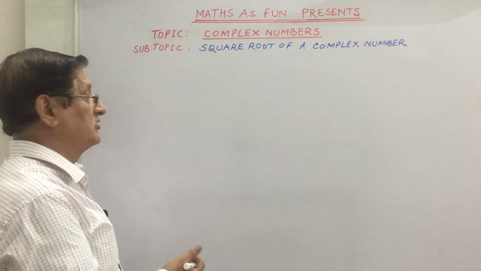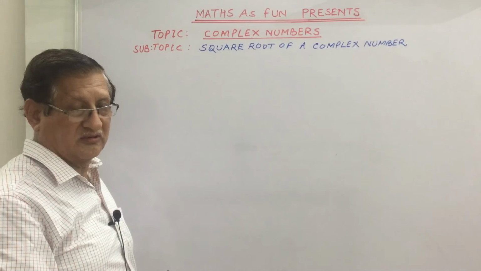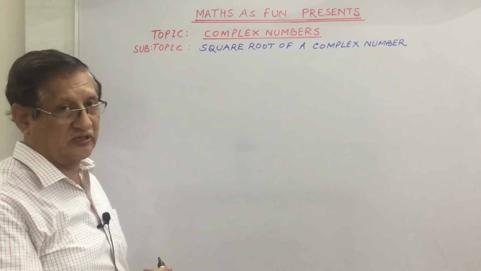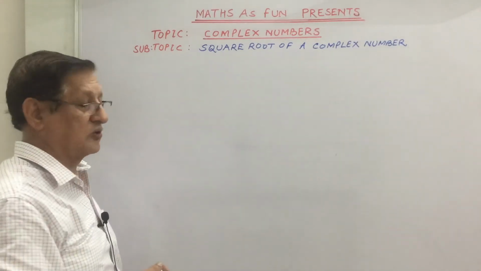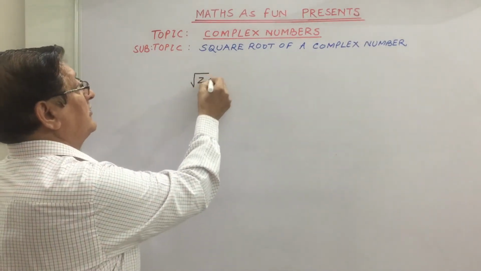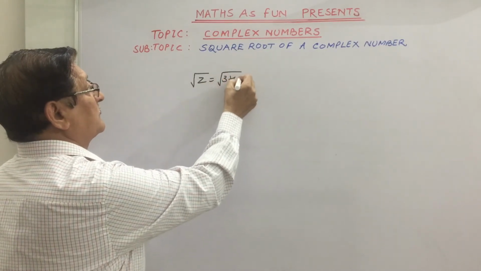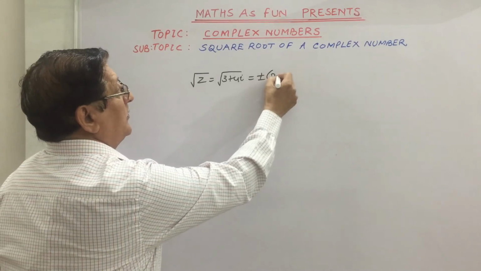We could find out the modulus of z, and we could use that to find out the square root, and we have learnt how to find out the square root of a number. We have seen just now that root of z, that was root of 3 plus 4 iota, was plus minus 2 plus iota.